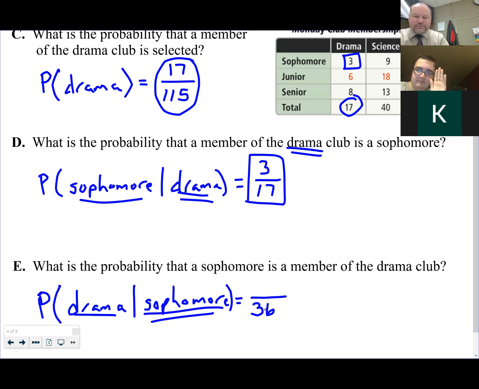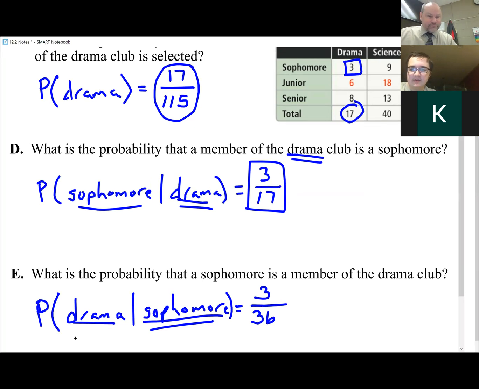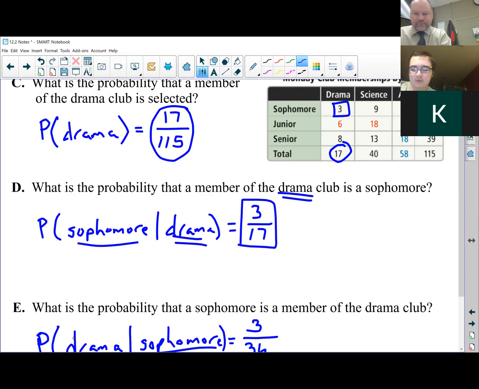Yep, go ahead, Shane. 3. And then we should check, does that reduce? Go ahead, Shane. Yes, we can divide it by 3 to get 1/12. All right.